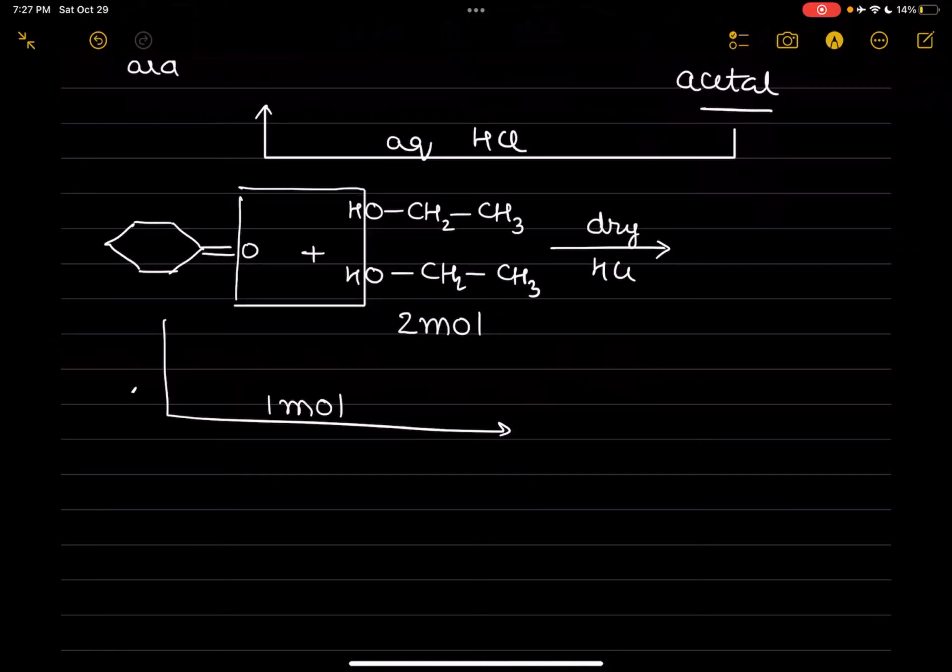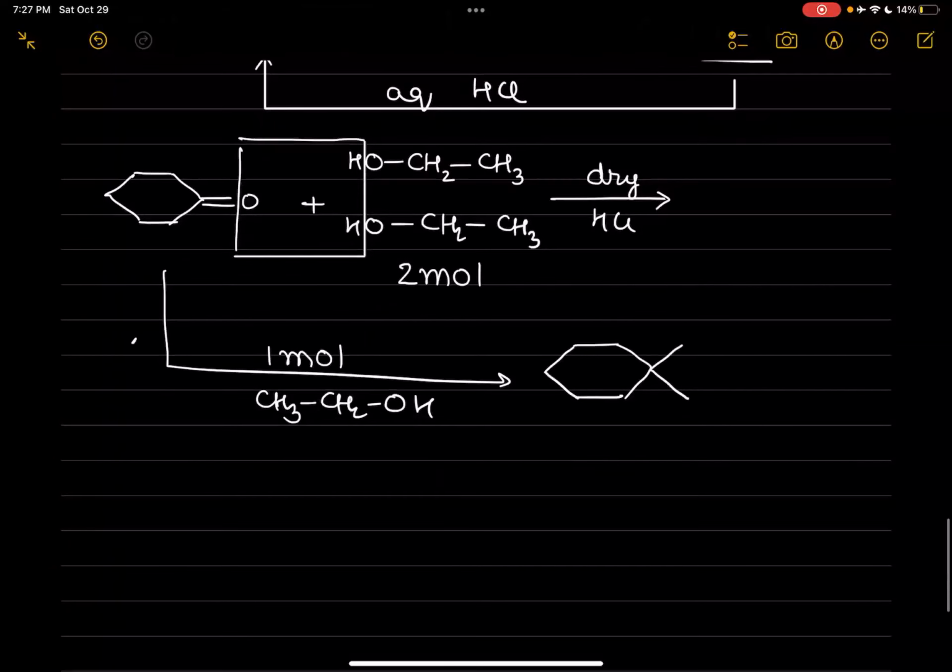Tell me. What should I write here at these positions? OH and what? OR. Exactly. So one is going to be OH and the other is going to be OR. R is the ethyl group.